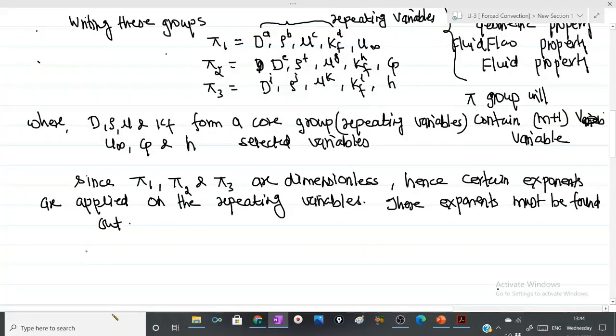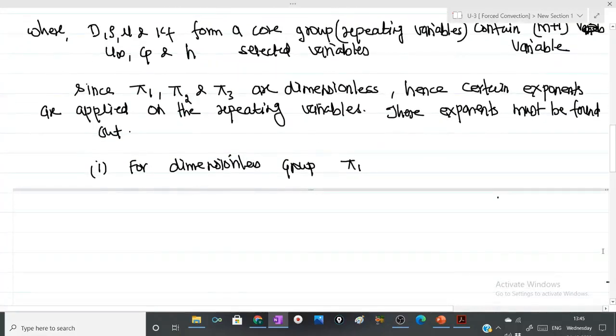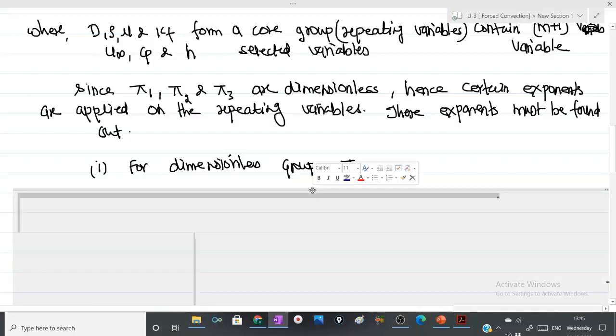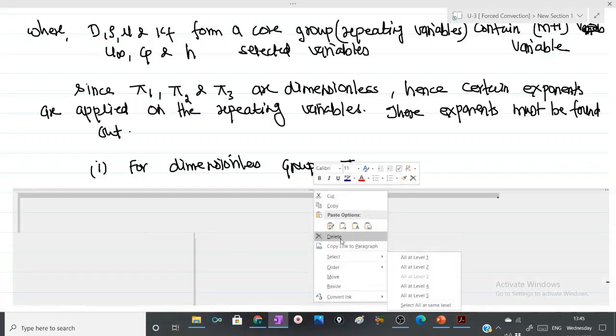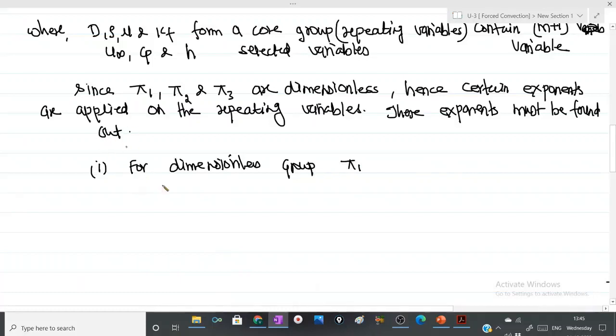So let us first start with the pi term pi 1. Now since pi 1 is a non-dimensional group, its primary dimensions will be M0 L0 T0 and small t to power 0.